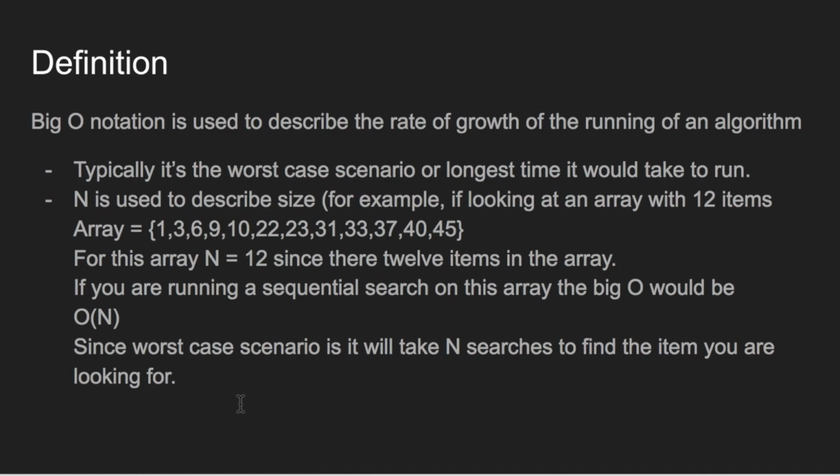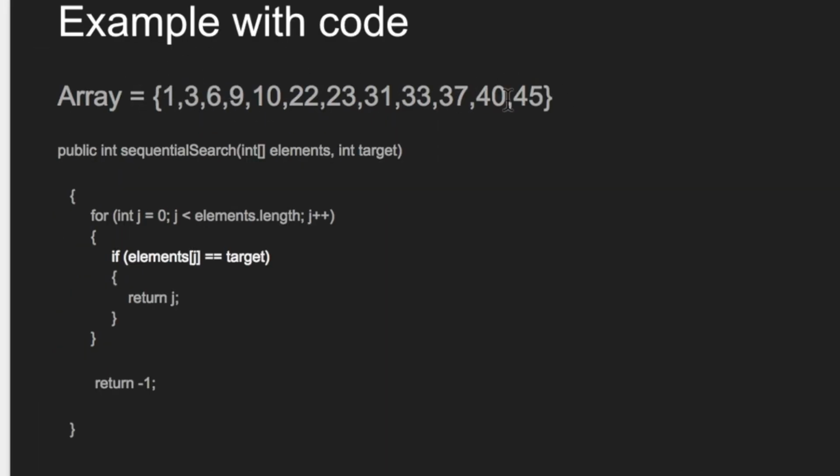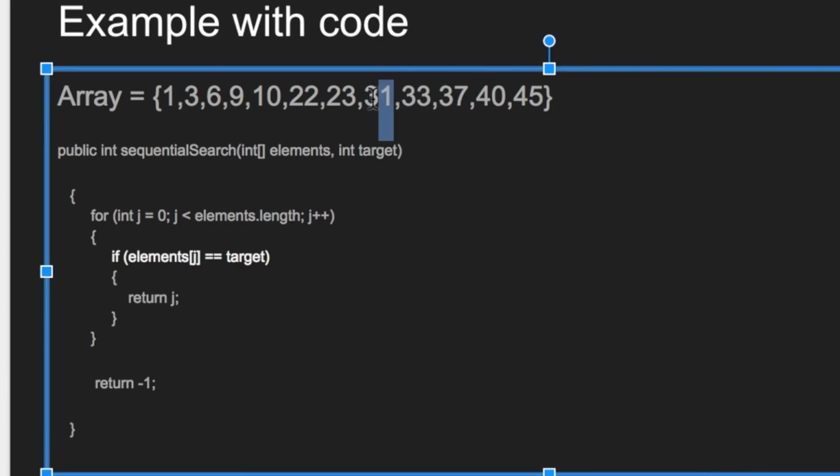And for those of you who aren't familiar with what a sequential search is, we have your array here of numbers, and let's say you're looking for 31. This code here, which is done in Java, will look at every element starting with the first spot, or spot 0 for that matter, and go through each one until it finds the number, in this case 31, that you're looking for.